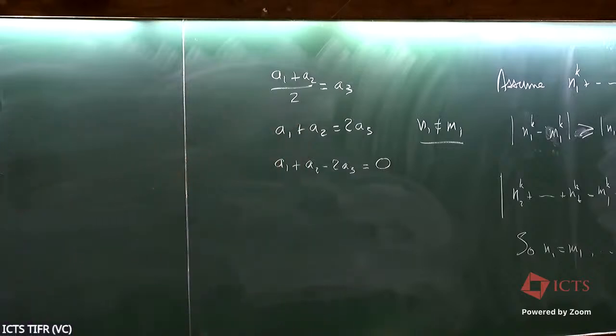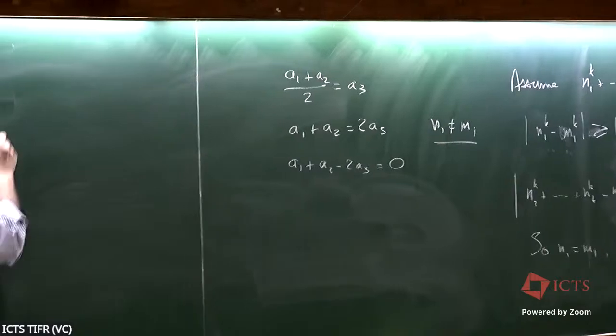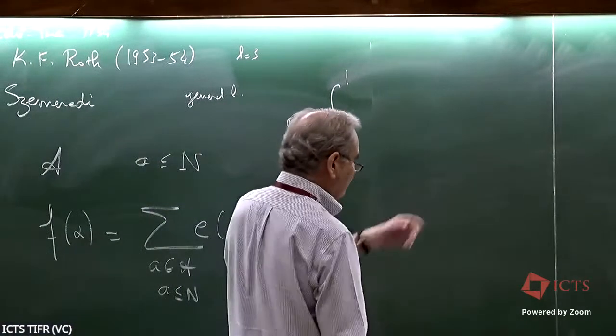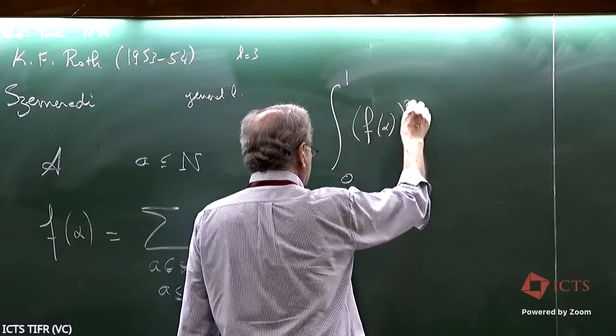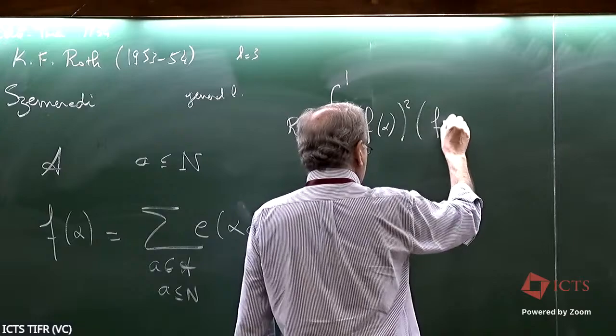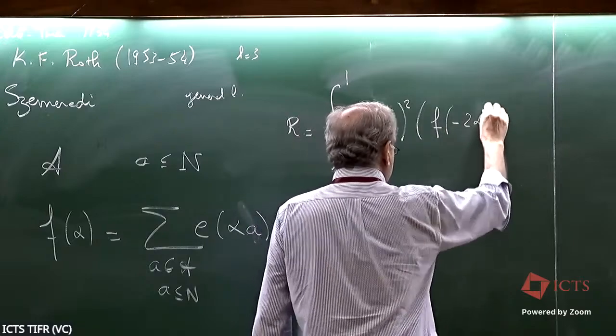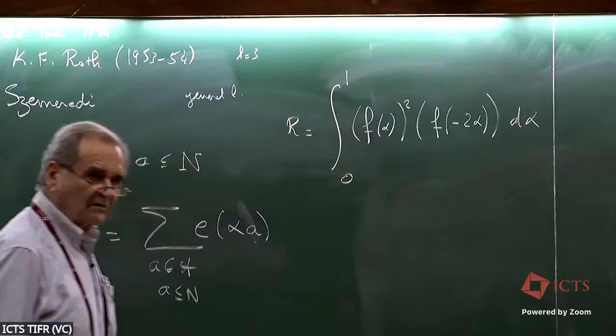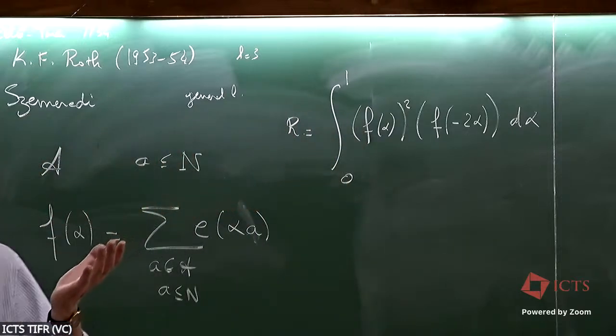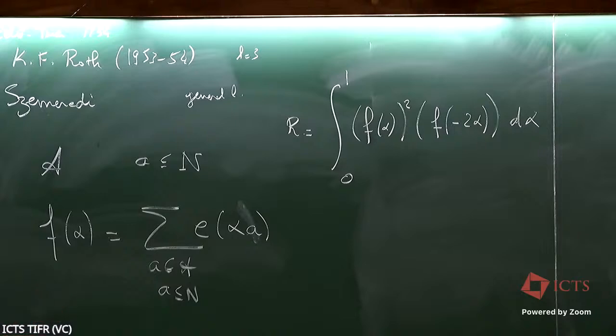Okay? But counting that, we know how to do now. We are expert on that. This number of representations is the integral from 0 to 1, since I am representing 0, of f of alpha squared times f of minus 2 alpha, d alpha. So you have a nice integral representation like that. You see, you're just counting the number of zeros.